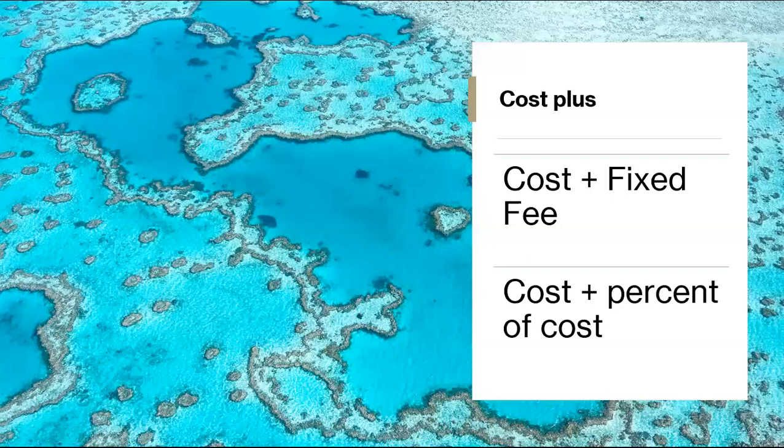Maybe actual cost plus a fixed fee, where this fixed fee would be the markup for the supplier. Or the actual cost plus a percentage of cost, so the final price would be the actual cost plus the percentage, and this percentage would be the markup of the supplier.